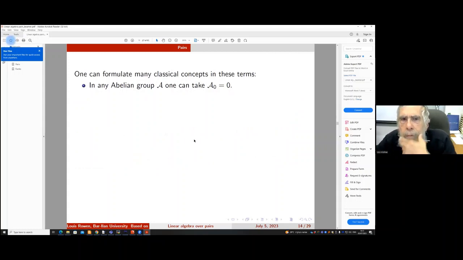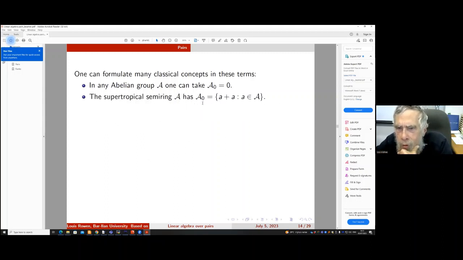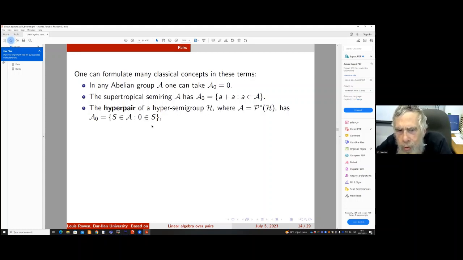So here are some possibilities. You can take abelian groups, where A0 is 0, that's the usual possibility. A supertropical semi-ring will have A0 be A plus A. The hyperpair will have A0 be all sets such that 0 is contained in the set.